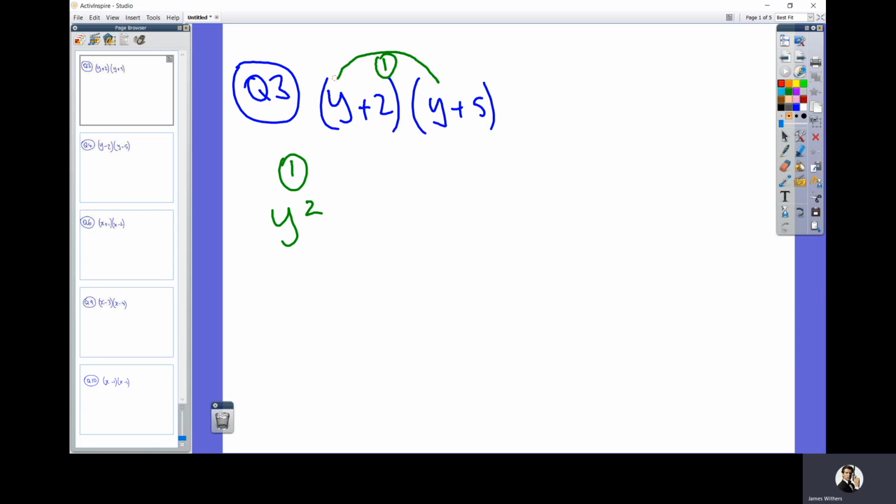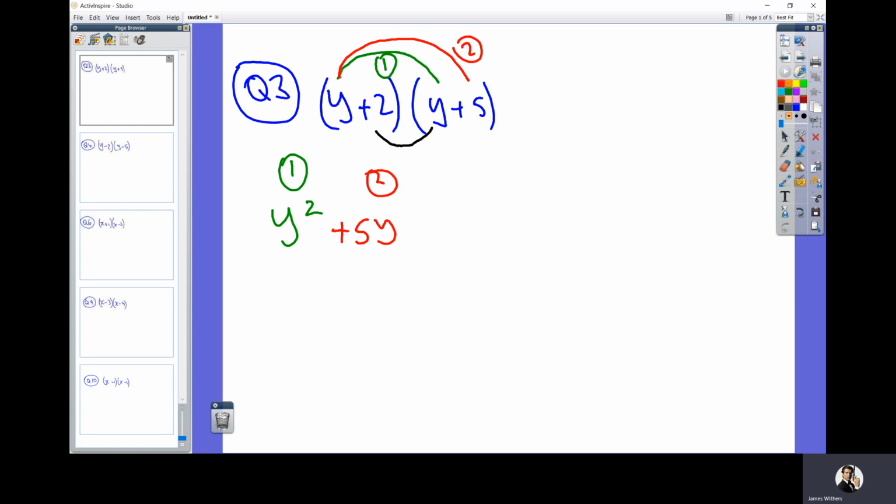Okay, our second claw goes from that first Y to the second term in the second bracket, claw number 2, and there we get Y times 5, which is 5Y. That's plus 5Y. Right, so we've done both claws from that first Y in the first bracket. Move on to the 2 in the first bracket, and the other 2 claws come from that.